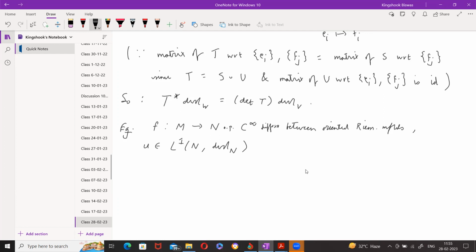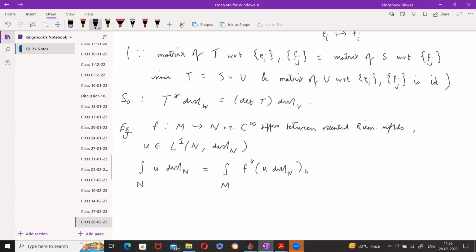Then the integral over N of u dvol_N. By properties of pullback, this is the same as the integral over M of the pullback form F star of u dvol_N.